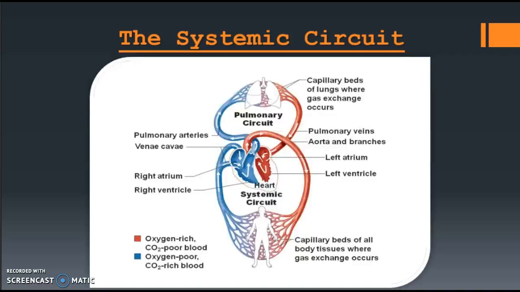And so the systemic circulation is the movement of the blood from the heart through the body to provide oxygen and nutrients and bringing the deoxygenated blood back to the heart.